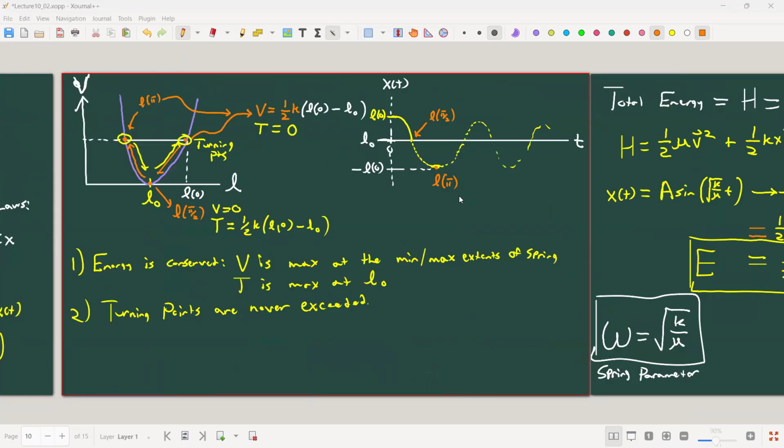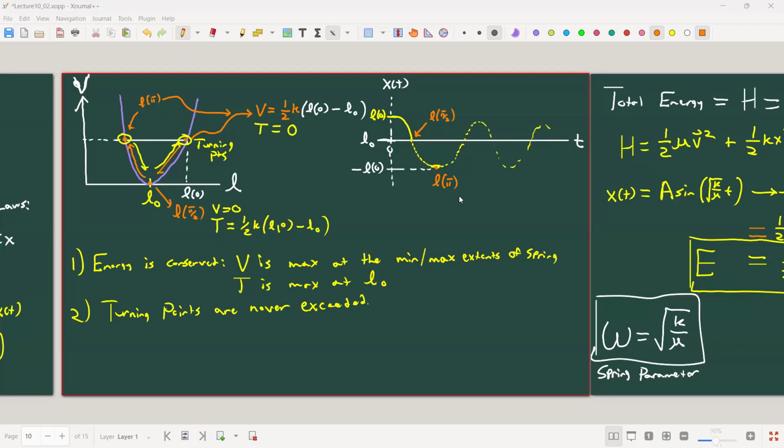And the displacement from your stretch, on the other side of the oscillation, when it compresses, the compression length is exactly the same as the stretching. Ideally, it just bounces back and forth symmetrically around the equilibrium length. It never goes longer than that. And that's just a consequence of the conservation of energy.